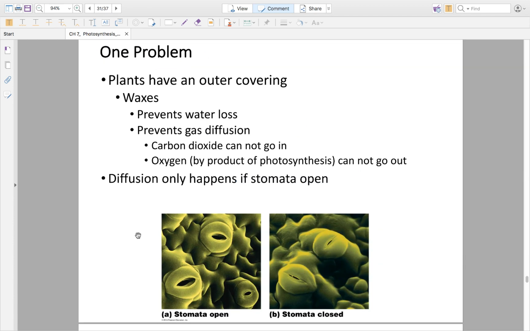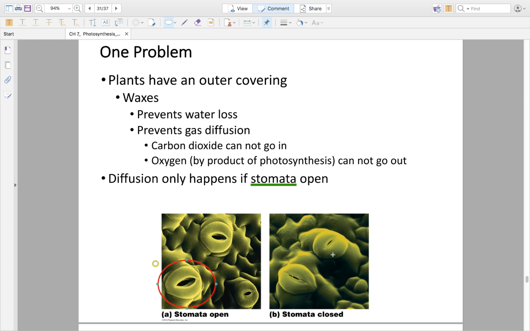Okay, now earlier we talked about the stoma, which is this little pore, this opening that basically allows gas exchange. It's also referred to as the stomata. And that was early in the chapter. Now, of course, here we have an open stomata.